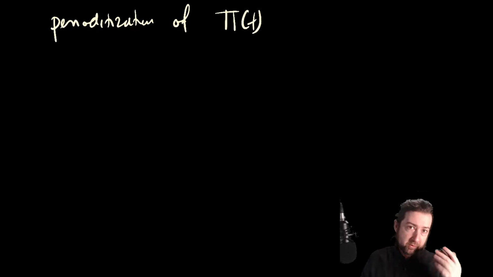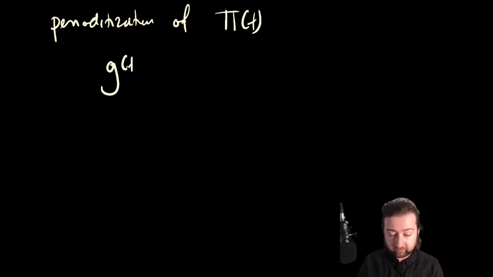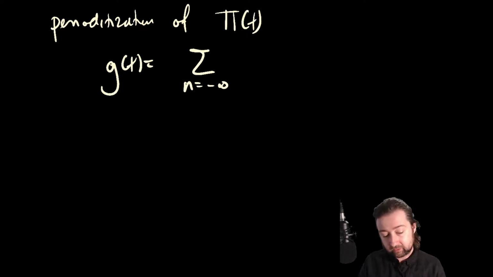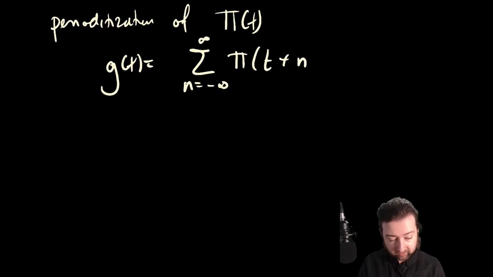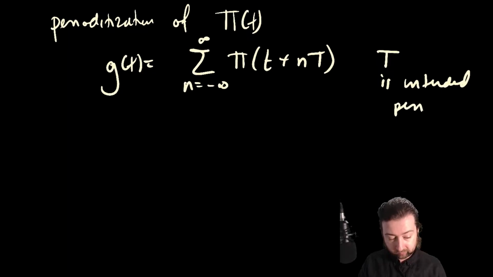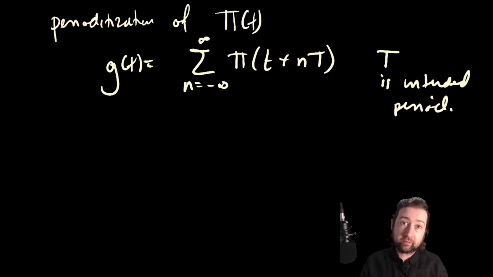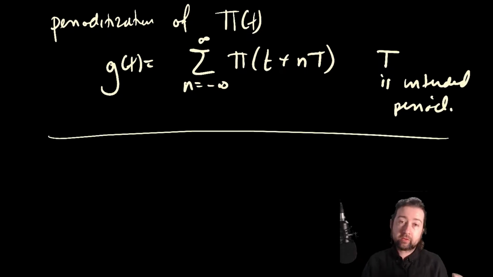And remember that the periodization is that function g of t, which looks like the sum from n equal to minus infinity to infinity of pi of t plus n capital T, where capital T is the intended period. So we did this on a previous homework assignment to construct, I think, the triangle function and its periodization.